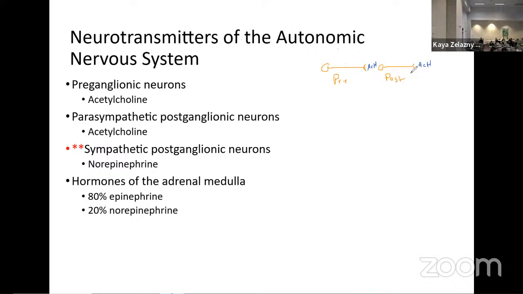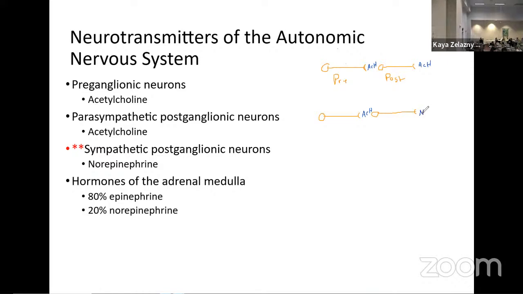However, if you're a sympathetic neuron, now we got to change it up. Okay, so we'll still have a preganglionic and a postganglionic cell. Okay, so we still have our two neurons. Okay. But in this case, while our acetylcholine is still in the middle here at that ganglion, right, so at that connection, now that postganglionic cell is going to be releasing usually norepinephrine.